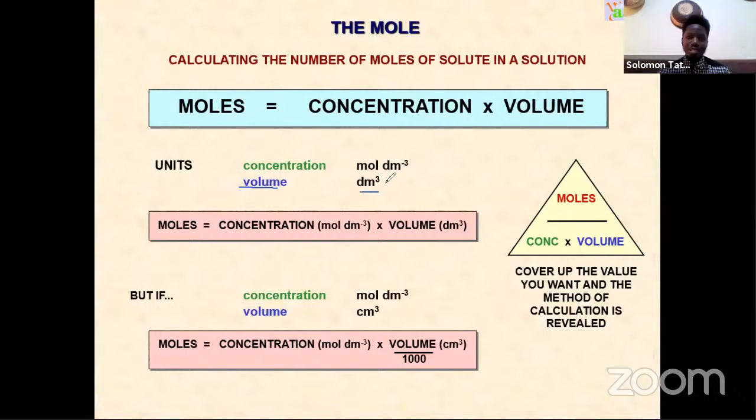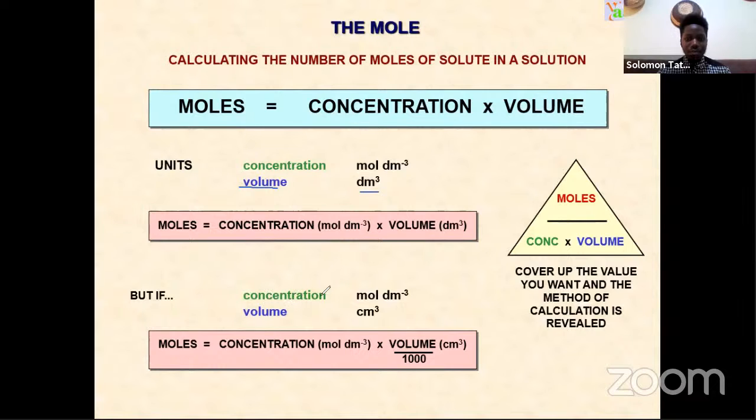You'll find that they always give us volume in centimeters cubed, and we always have to divide or multiply by 1000 depending on what we are finding. Okay, it's important to remember this. So the moles will be concentration times volume. We have the units in the brackets for us to remember.